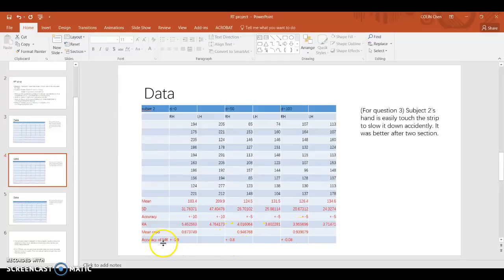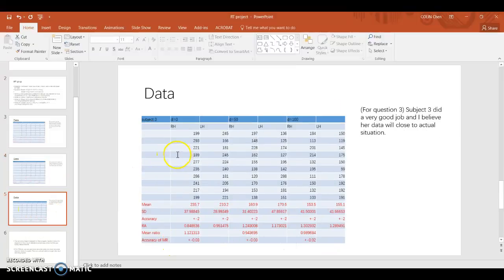At last, the accuracy of the mean ratio uses the right hand's mean value plus the accuracy, divided by the left hand's mean value minus the accuracy, and then the difference is the number here.